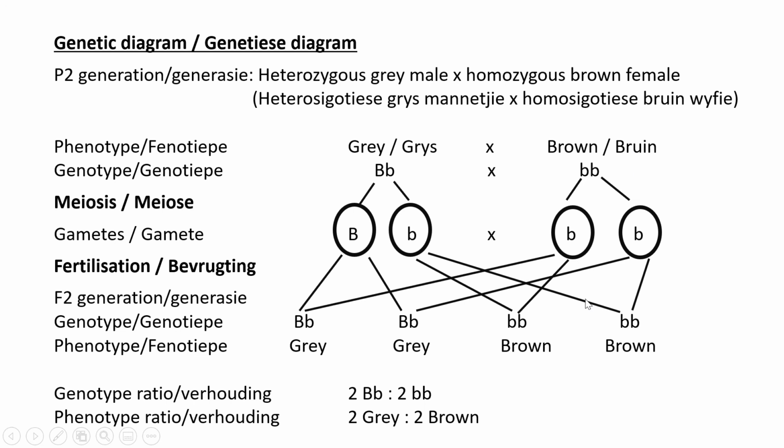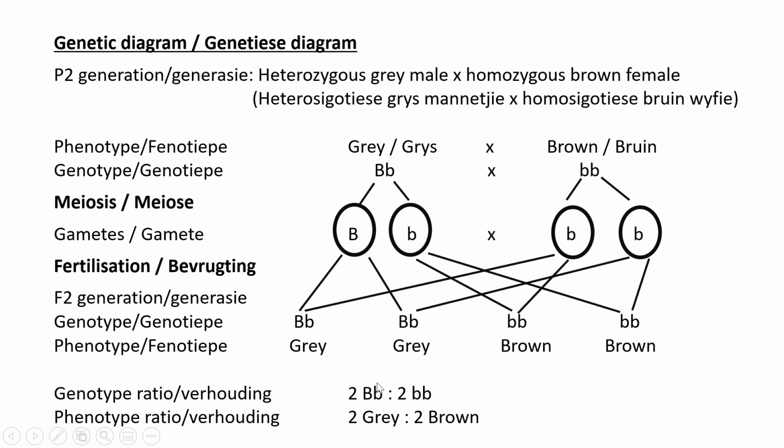So in this case, what's going to differ? Your ratio is going to differ. For the first possibility, we get a heterozygous one. For the second possibility, we also get a heterozygous one. Here we have a homozygous one, small b, and this small b can also pair with that small b. So what are the ratios now? It has differed. 2 possibilities can be heterozygous and 2 possibilities can be brown.